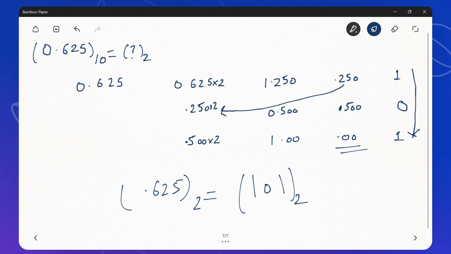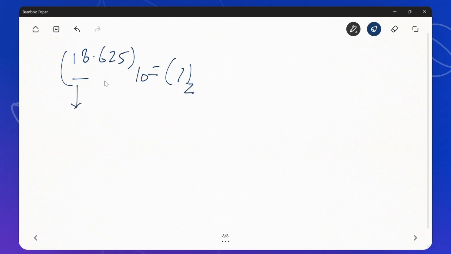Now suppose you get the decimal number 18.625 and you have to convert it into a binary number. What you will do is convert 18 separately and 0.625 separately.